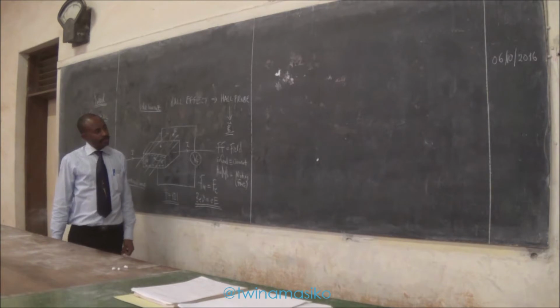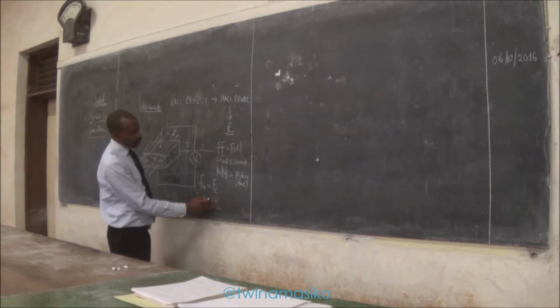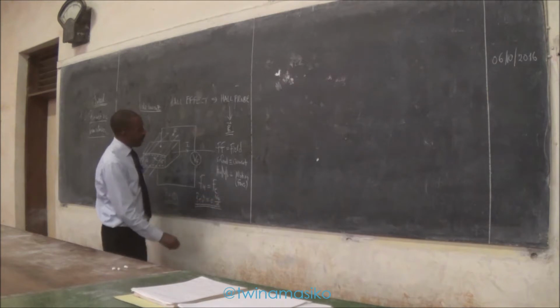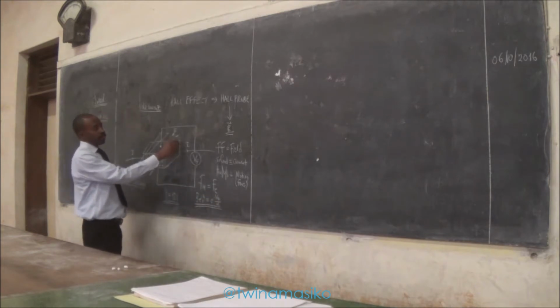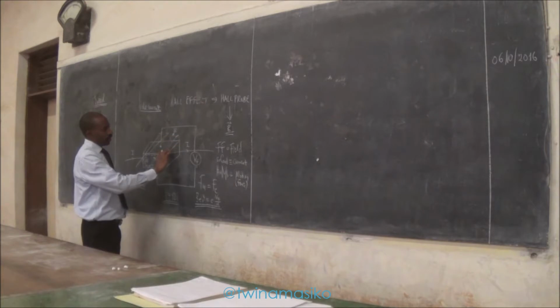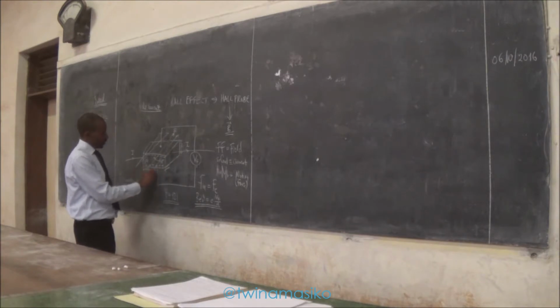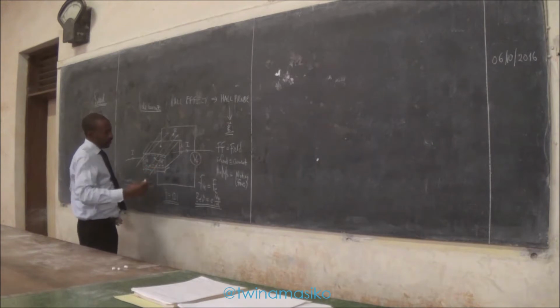Now, this is the potential gradient, which is the same as VH over D, or you can call it this distance between here, which is, I say, the thickness, and then you have this one as the length of the material.